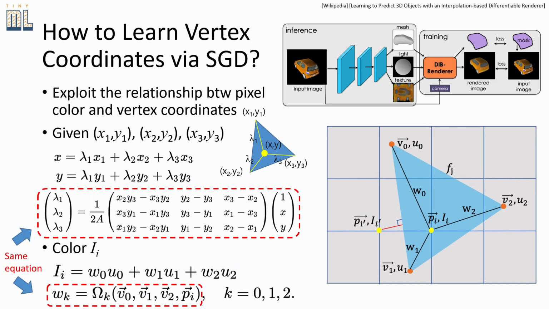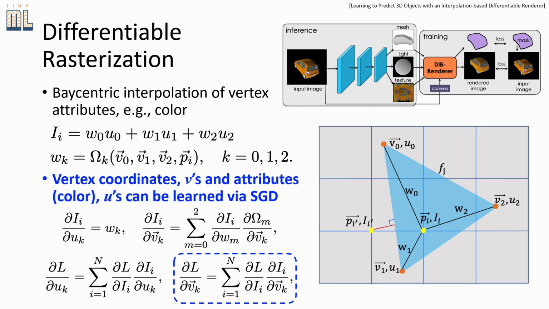So the basic idea to do this is to exploit the relationship between the vertex coordinate and the pixel coordinate P. We have two relationships, actually. The second relationship is that capital I represents pixel color. That will be kind of a weighted summation of vertex colors, right? So we have two relationships between pixel color and vertex color, and in between we have barycentric coordinates, the pixel coordinate, and then we also have another relationship between barycentric coordinates and vertex coordinates.